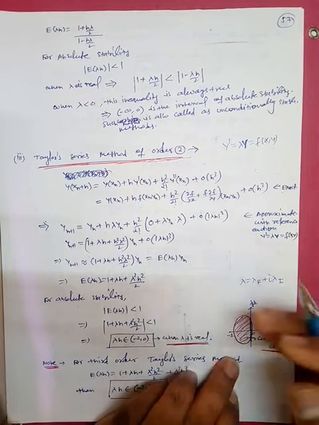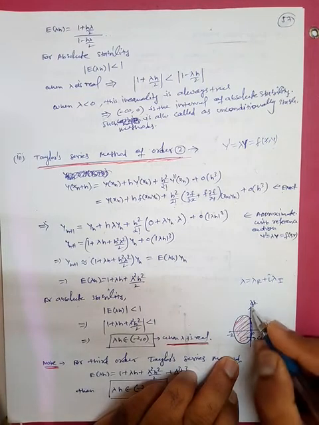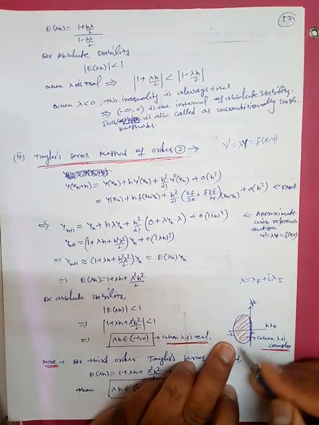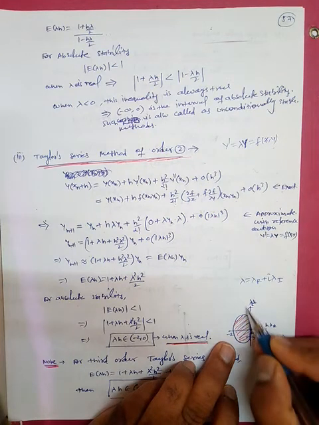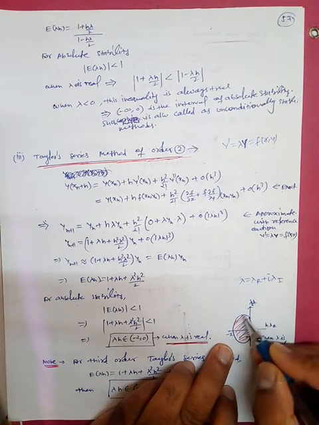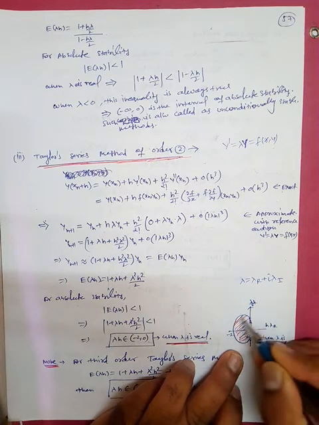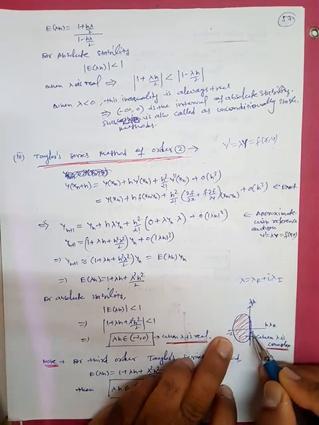This is very difficult to find, but ultimately we get the shaded part. Here is the real part h lambda R, here is the imaginary part h lambda I, and we get this shape from -2 to 0.